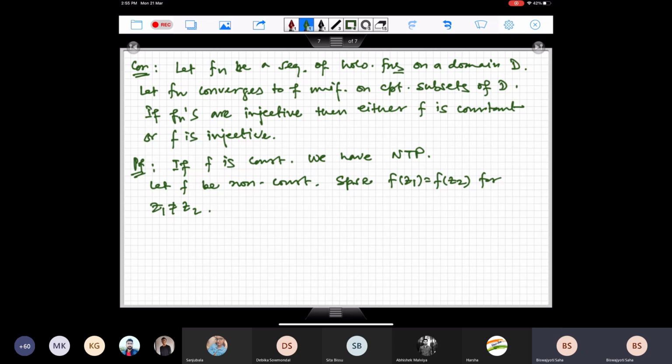So I'm going to prove it by contradiction, and I'm assuming two points z1, z2 which are not equal, and f of z1 is equal to f of z2. This is what I am assuming. Okay. Now note, if I consider this function gn of z, which I define by fn of z minus fn at z1. I define gn to be this one, fn at z minus fn at z1.